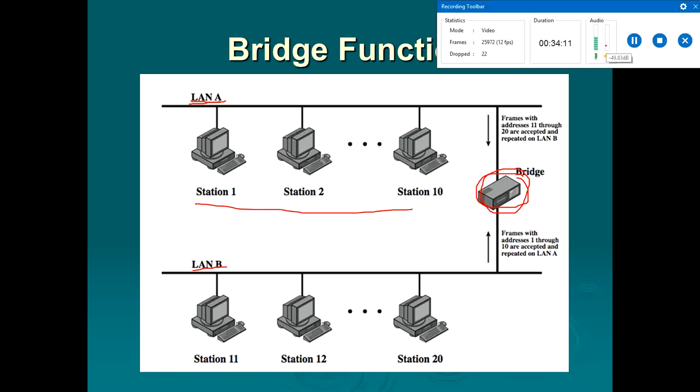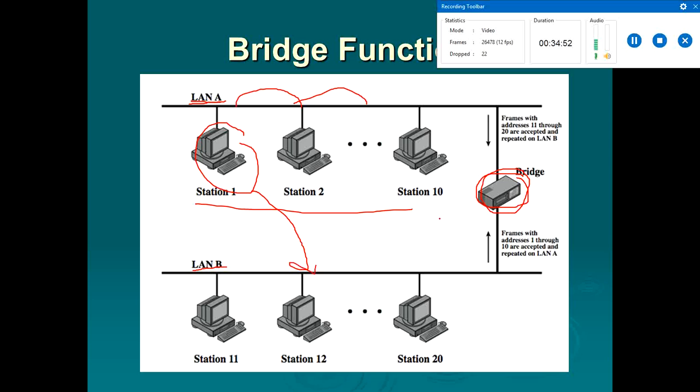The function of the bridge is simple. It will read all the frames transmitted on A and accept those addressed to any station on B. For example, if one station wants to transmit to station 2 or station 3, the bridge ignores it. But suppose station 1 wants to transmit a frame to station 12.